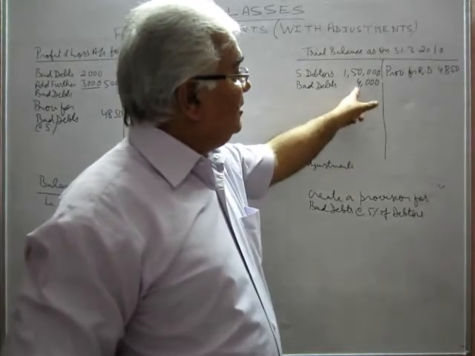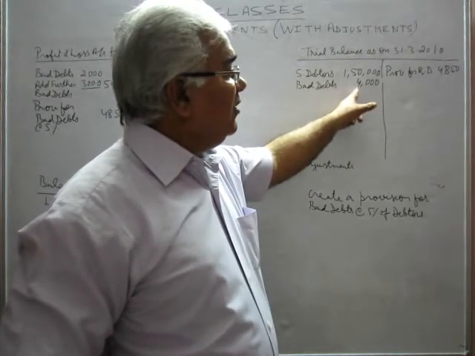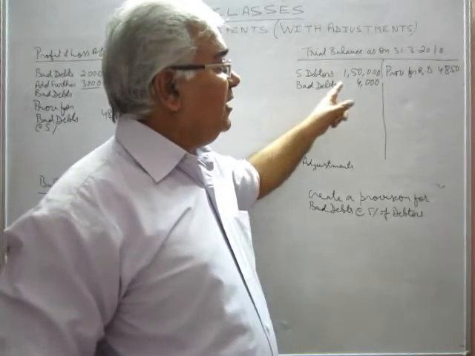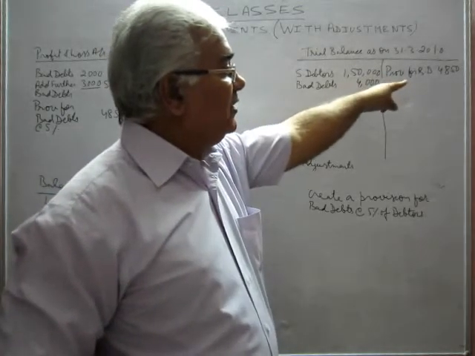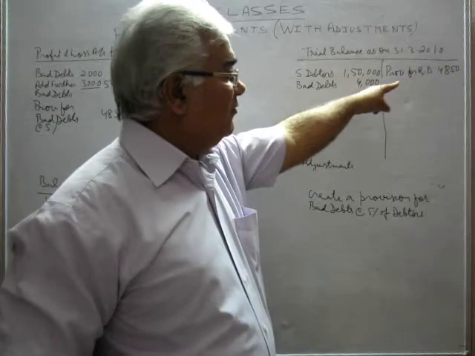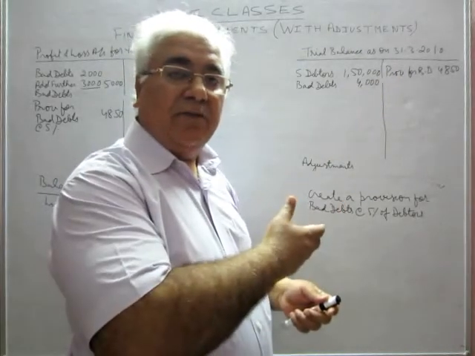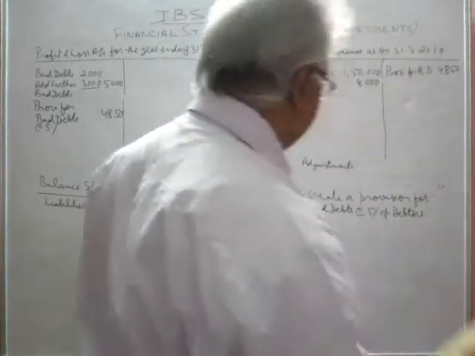But this amount of bad debts will not be transferred to profit and loss account this year. Rather, they will be written off to provision for bad debt account, 4,850. I will show you the account of provision for bad debts.